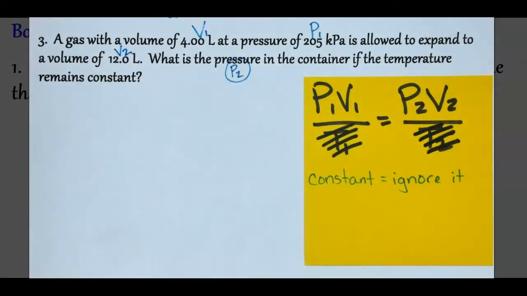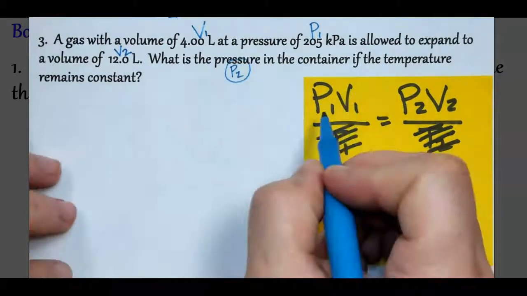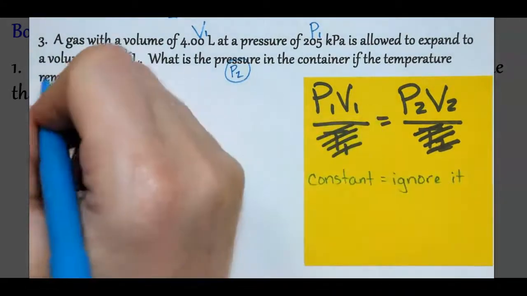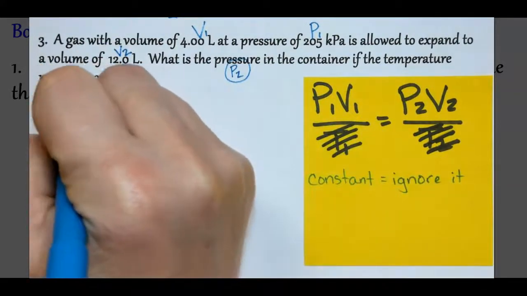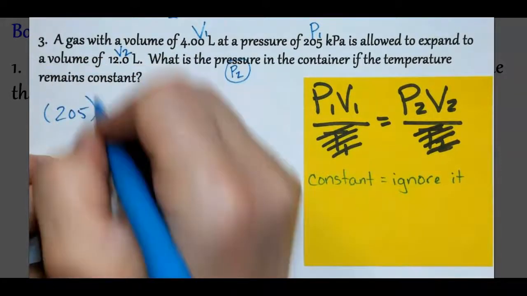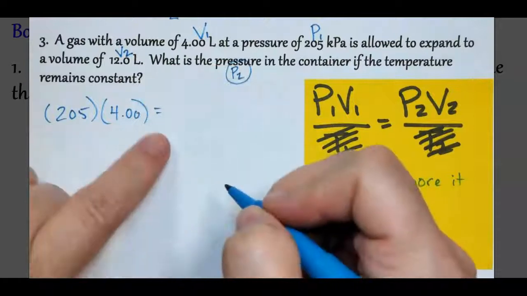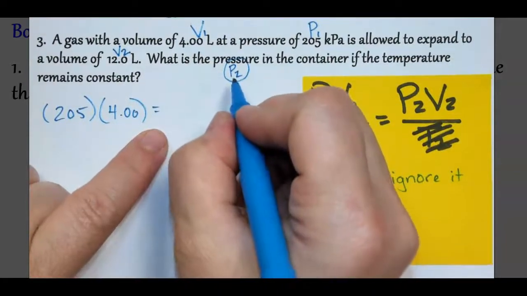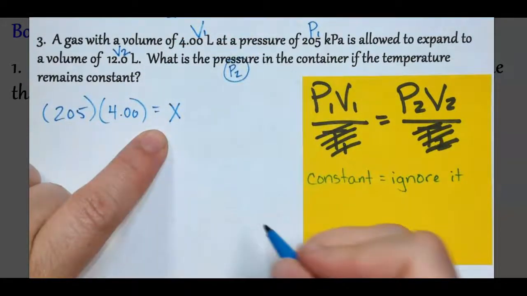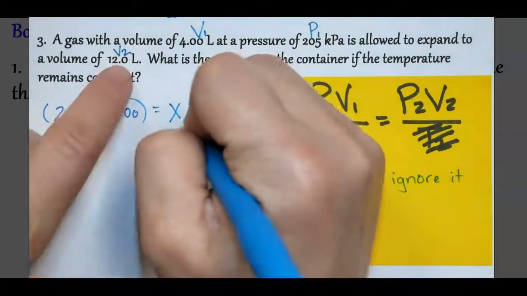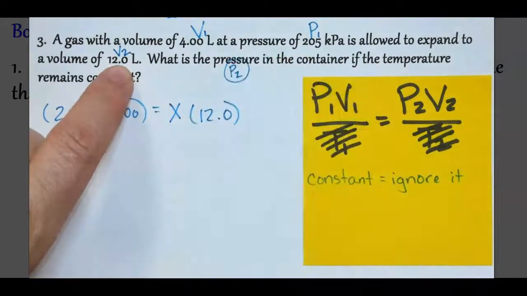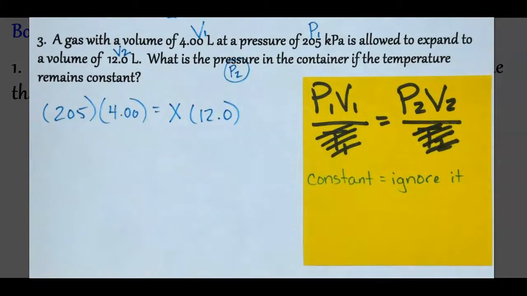So now I can set up my calculation where I'm going to plug in the values. P1 is 205 kilopascals. V1 is 4.00 liters equals, I don't know P2, so I'm going to go ahead and call that X. And then V2 is 12.0 liters. Now we are going to multiply and then divide.